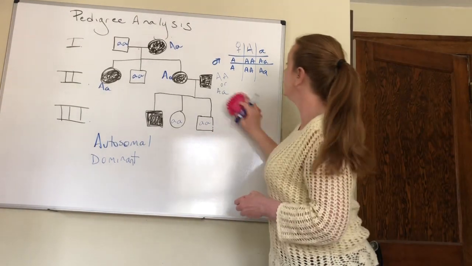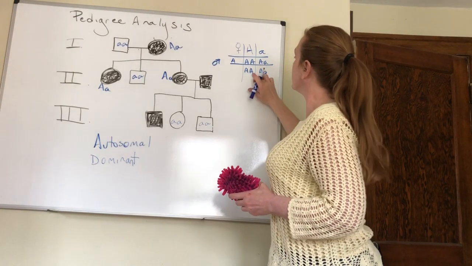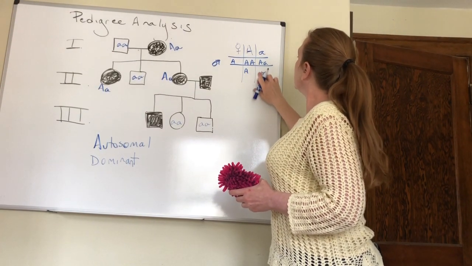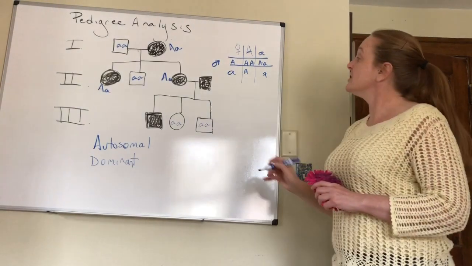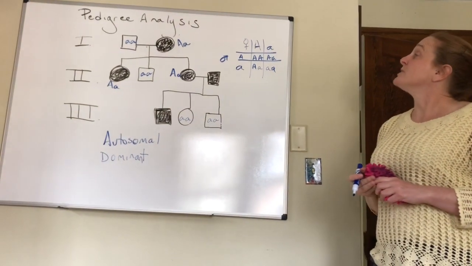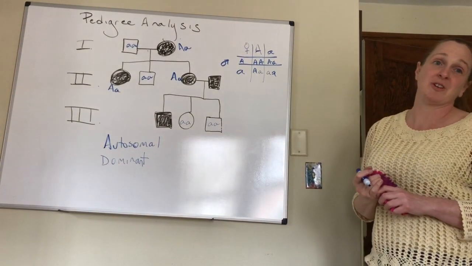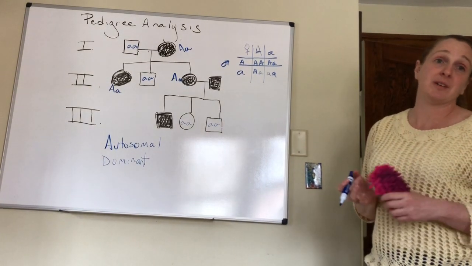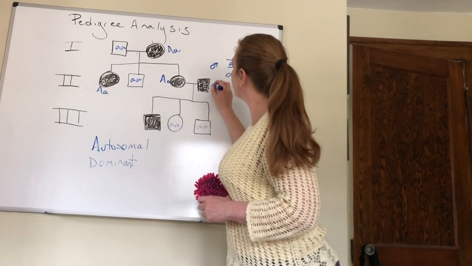And the answer is no. This male in generation 2, even though we have no other information about his lineage, has to be heterozygous. The reason why is because we have individuals in generation 3 who are not showing us that dominant trait. They're showing us a recessive trait.